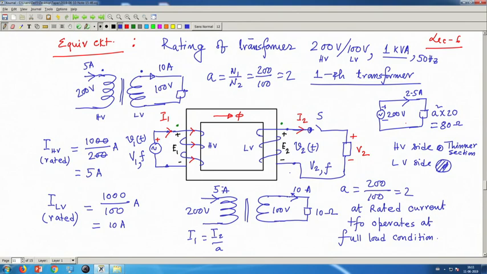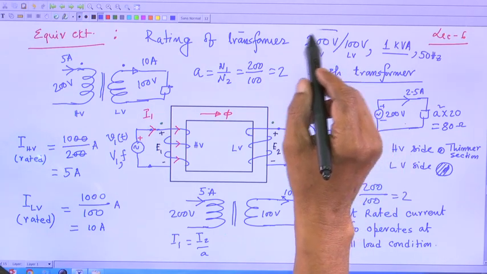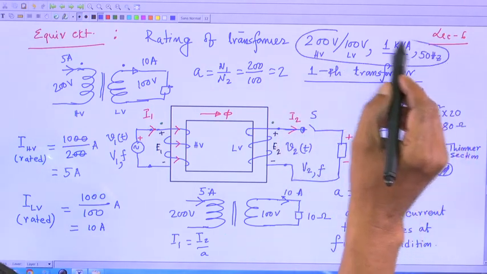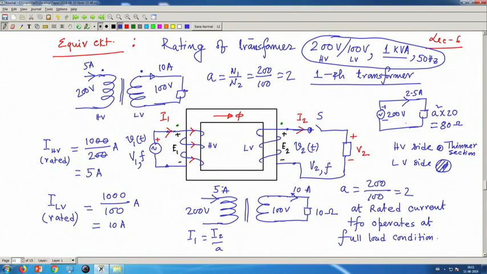So, what have we learned till now? We are still considering, mind you, an ideal transformer. It does not matter, this is what happens. Based on that, I told you about the ratings of the transformer, the importance of the KVA rating and voltage ratings.